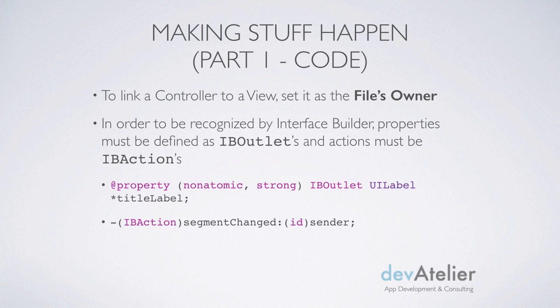The idea is you can have a lot of properties, but not all of them will be relevant to the UI. Maybe you'll have an object that's keeping track of data, or maybe a counter, right? Interface Builder doesn't need to know about that. Interface Builder needs to know about UI stuff. So you add that keyword in front of the type to make it able to find it.